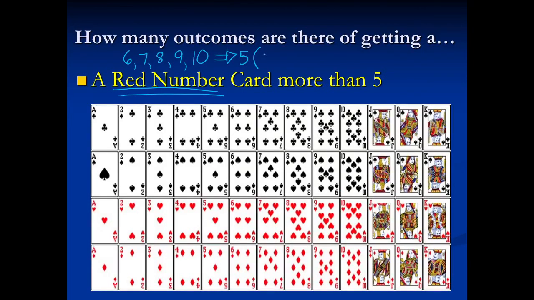So take note, if the color is indicated, multiply it by 2. If the color is not indicated, multiply it by 4. That's the simple way of getting the number of outcomes. For number cards, if given the colors, times 2. If the color is not indicated, times 4. So how many outcomes do we have? There are 10 possible outcomes.